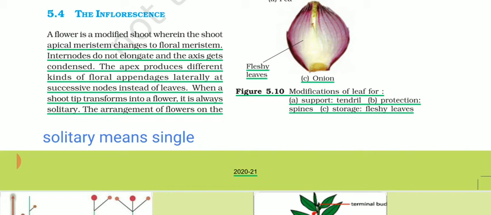Different branches will be produced in the axils of the leaves, and they will give rise to particular flowers. Whenever any stem tip turns into a flower, it is always solitary. Solitary means single. We cannot say that a bunch of appendages are coming and giving rise to flowers.